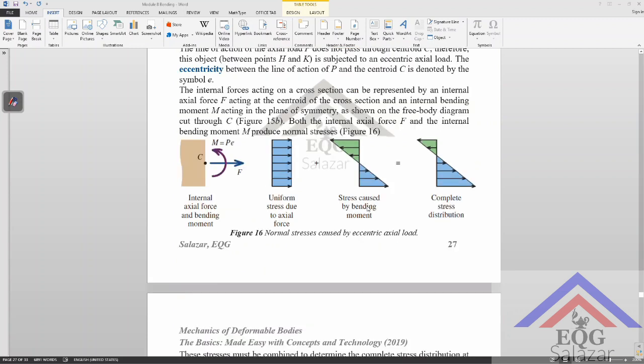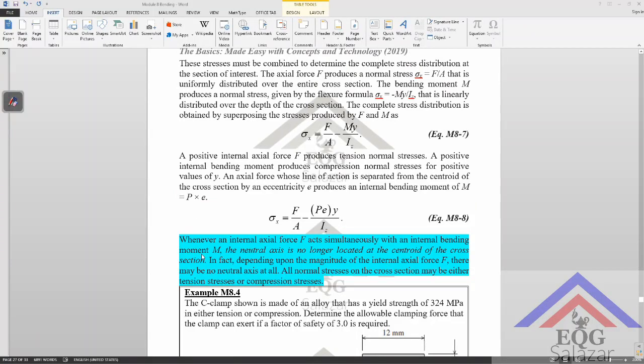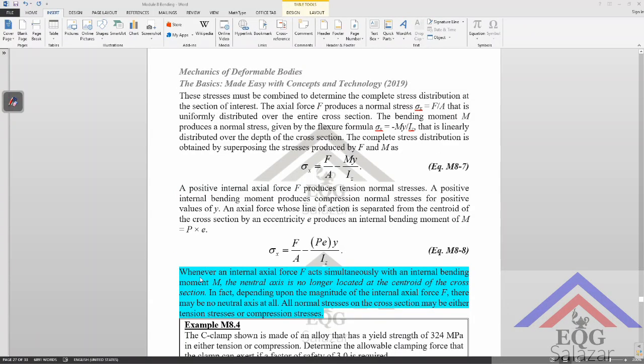So that is why, whenever an internal force F acts simultaneously with an internal bending moment, the neutral axis is no longer located at the centroid of the cross section. In fact, depending on the magnitude of the internal axial force, there may be no neutral axis at all.